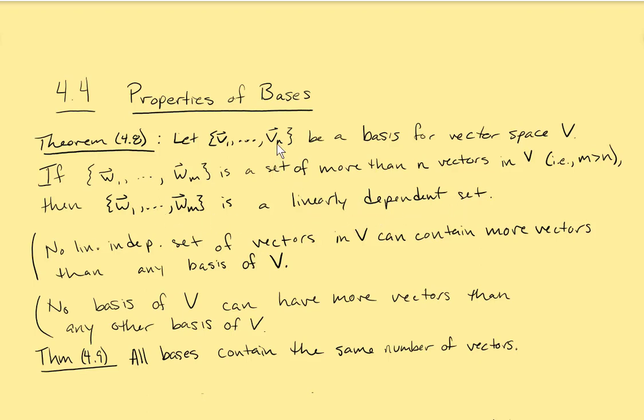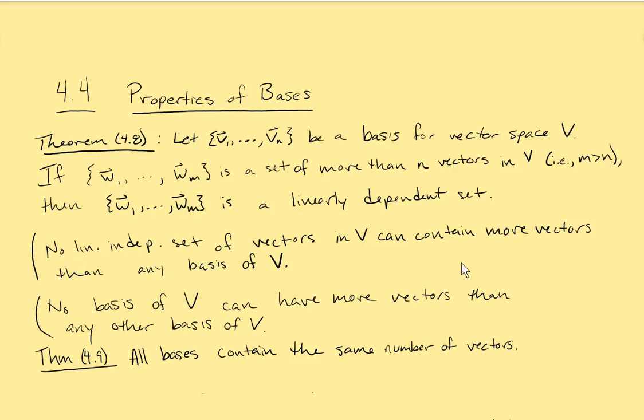We can think of this as saying that the number of vectors in a basis for a vector space is the maximal number of linearly independent vectors you can have in that vector space. You take a set of more vectors than that, you won't have linear independence anymore. You get dependence. At least one of these vectors is expendable, and can be written in terms of the others.